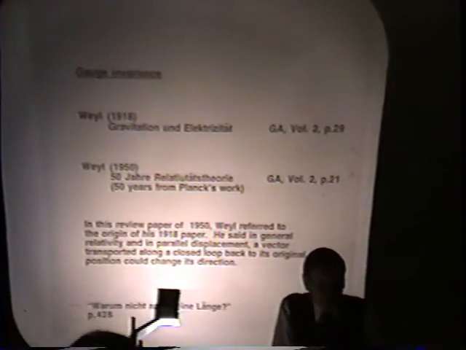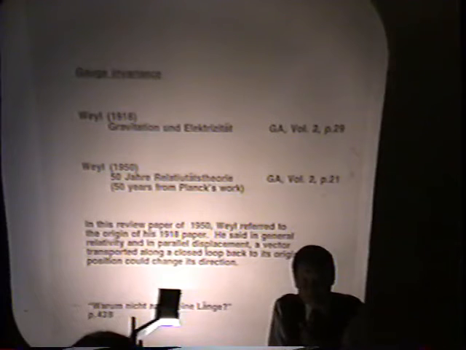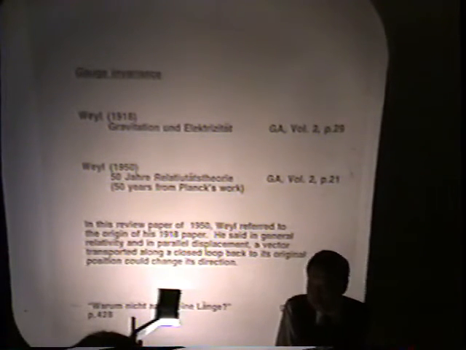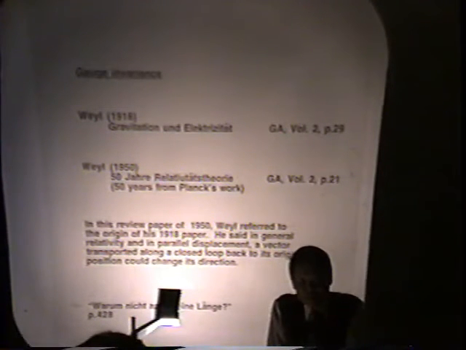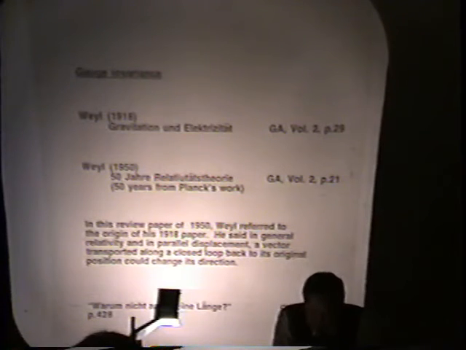Why couldn't its length also change? So therefore he built a theory of parallel gauging. And that's the origin of the word gauge. When you move around the curve, you want the length to continuously change. As I said, Weyl was very attached to this idea.